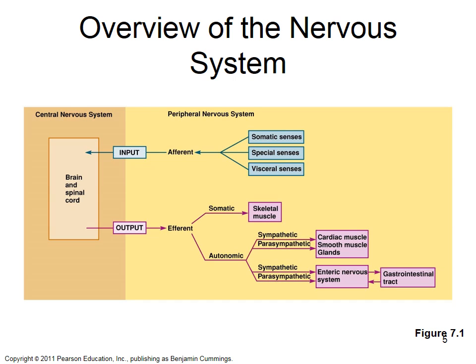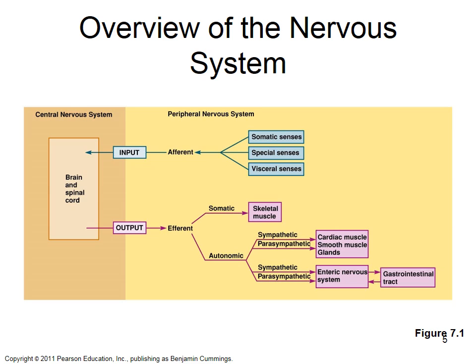Here we have the overview of the nervous system that we're going to talk about for the next 3 weeks. In this brown box is the central nervous system. This is where your brain and spinal cord reside. It's the command center. It's receiving information from the afferent branch of the peripheral nervous system. Everything in yellow is the peripheral nervous system.